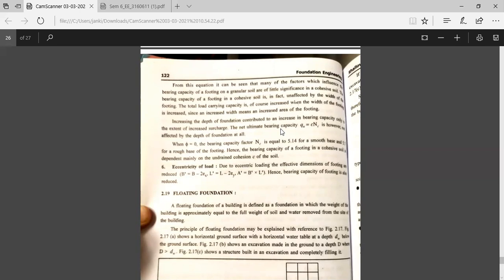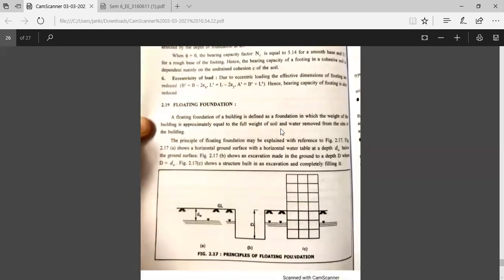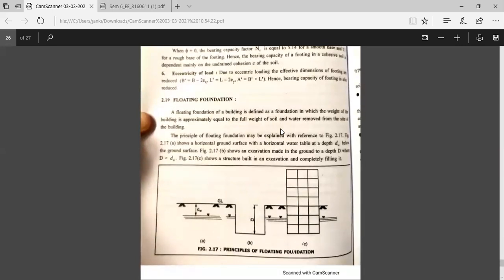Last is the eccentricity of loads. Due to eccentric loading, the effective dimensions of footings are reduced. So B' is equal to B minus 2ex, L' is equal to L minus 2ey, and A' is equal to B' multiplied by L'. So the bearing capacity of footing is also reduced.